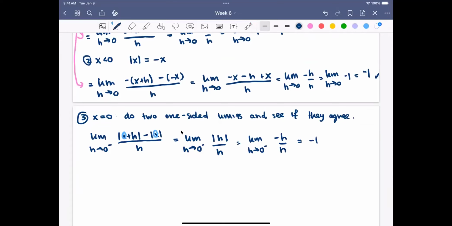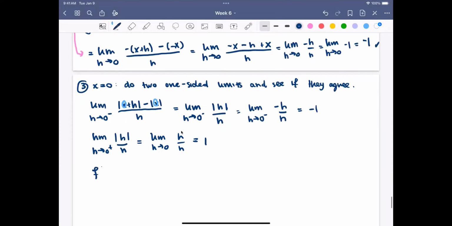However, if we compute the limit for h coming from the right, the limit as h approaches 0 from the right of absolute value h over h, now h values are positive, so we get the limit as h approaches 0 of h over h, which is 1. So the left and the right-hand limit do not agree, and so that means that the limit does not exist.